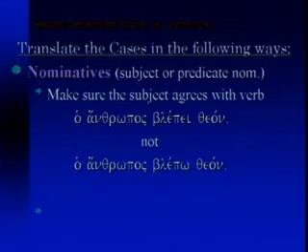If the subject is nominative singular, then it's going to need a singular verb, blepei being the third singular form. Ho anthropos in English normally is your third person singular form. So notice how it agrees with the third person singular form of blepei. Theon is from the noun theos.